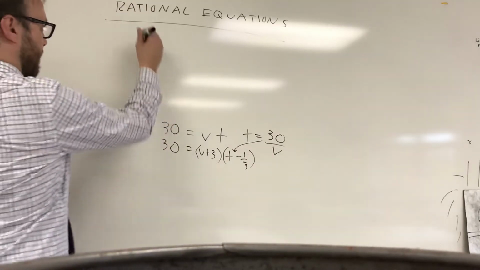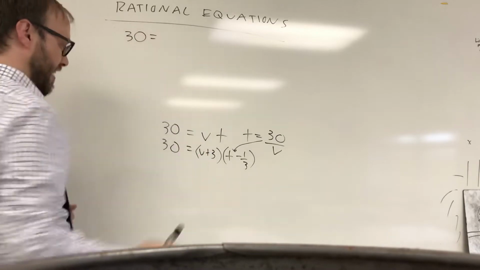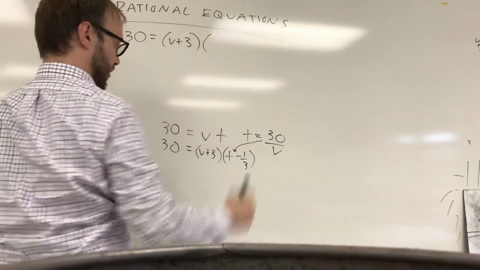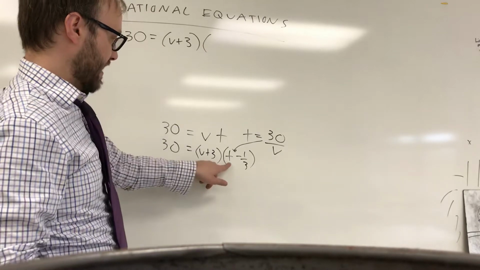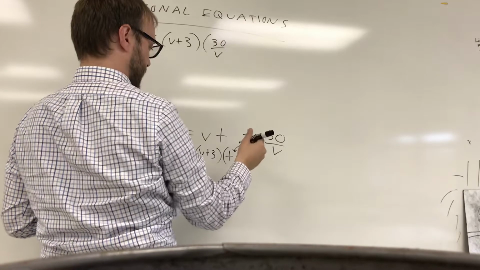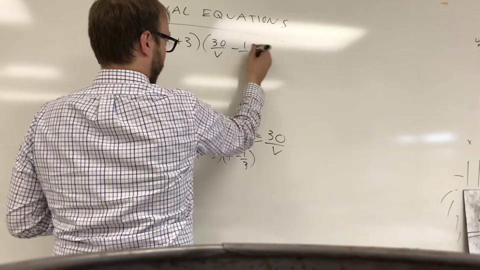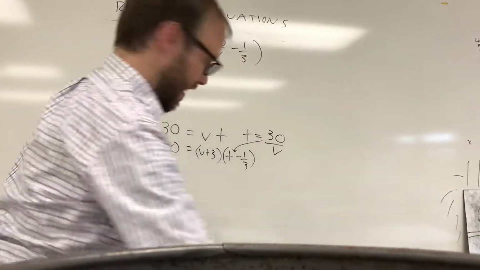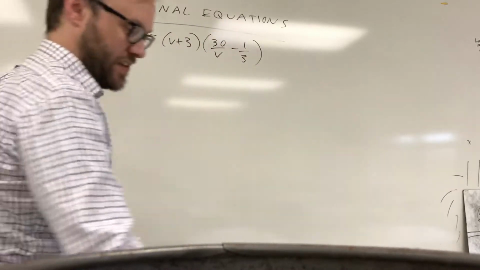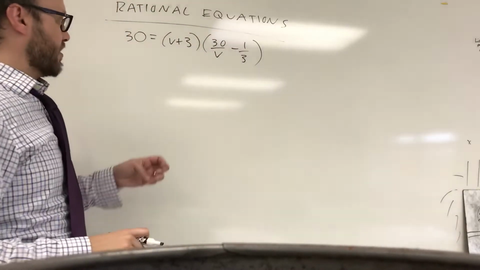So the equation that I'm going to be trying to solve here is that 30 is equal to v plus 3 times, I'm going to replace t with 30 over v, so that's going to be 30 over v minus 1/3, okay? And in fact, I'm going to take this entire equation away now. All right, so this is the equation I'm trying to solve, and I've got it down to just one variable.